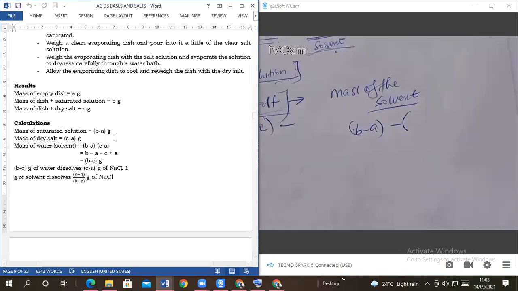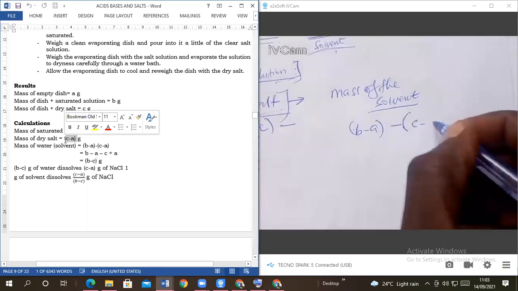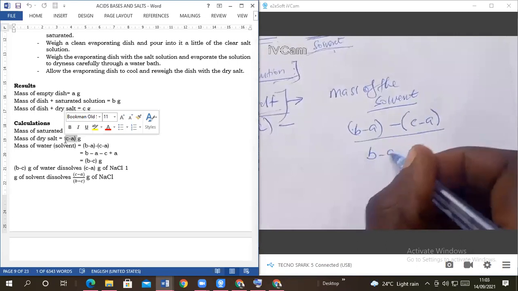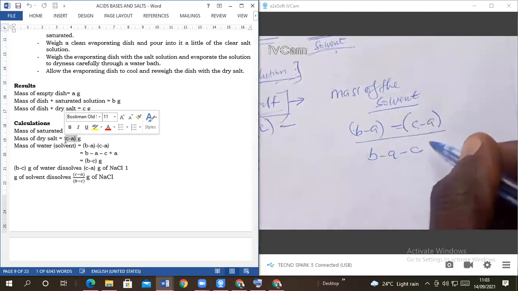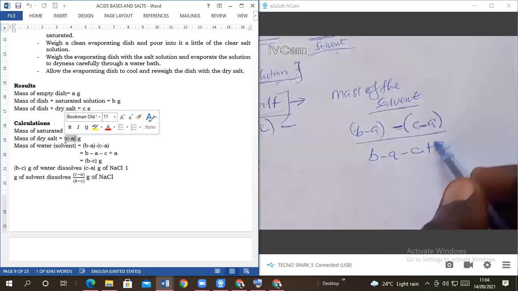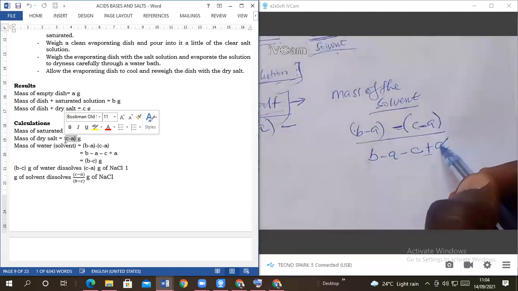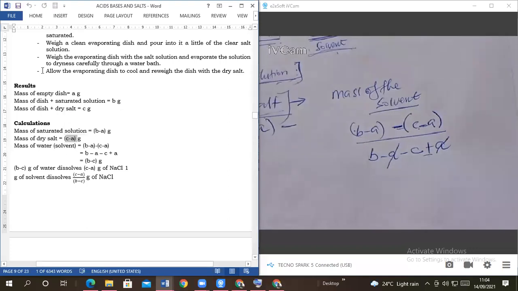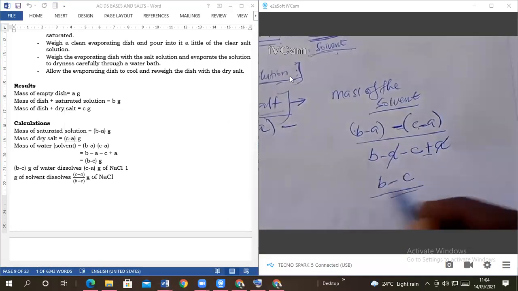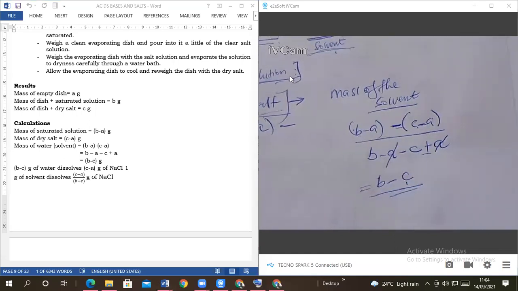Our mass of the dry salt was C minus A. If you open this bracket, it's going to give us B minus A minus C plus A, because a minus and a minus gives us a plus. So this A and this A will cancel, giving us B minus C as our mass of the solvent.